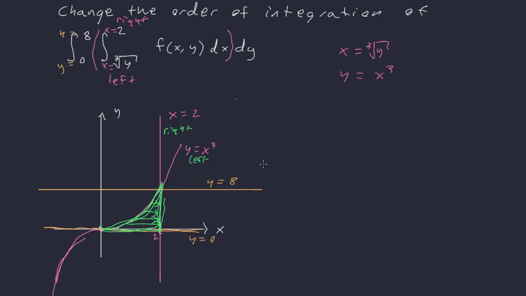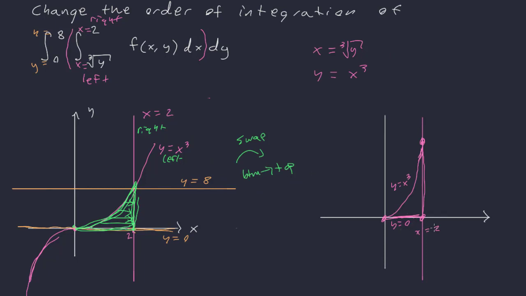To swap, we have to do bottom to top. All right, so now that I just redrew the graph over here, if we want to orient bottom to top, the first thing we're going to hit for our bottom is this base here.